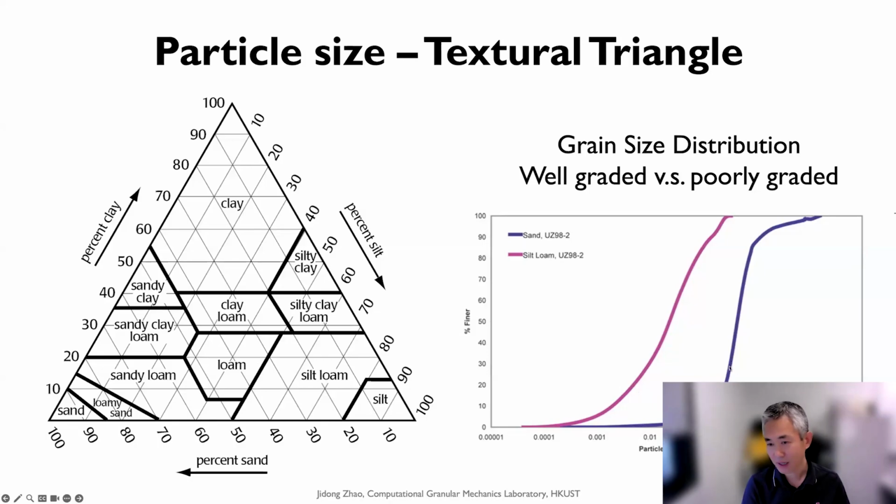And on the right is basically a sand grain size distribution, right? If you find a grain size distribution whose slope is very steep, we call it poorly graded, but if it is relatively flat, we call it well graded. All these things, the grain size distribution, will affect the overall properties of a granular medium.